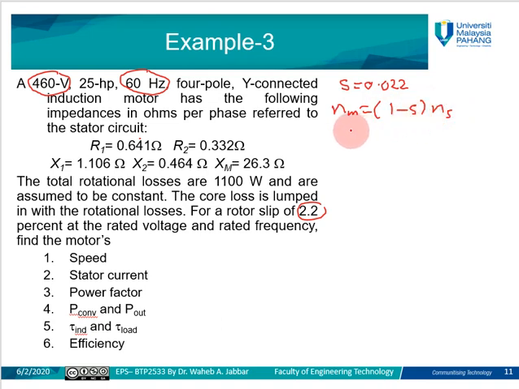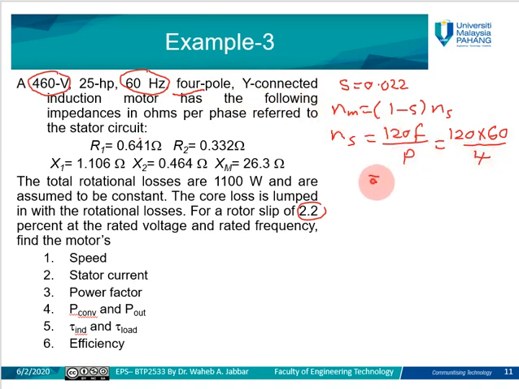Okay, so we have S already 0.22, so we can calculate Ns, which equals 120 F over P, which is 120 times 60 hertz over P, which is the number of poles here, 4 poles, so it is 4.